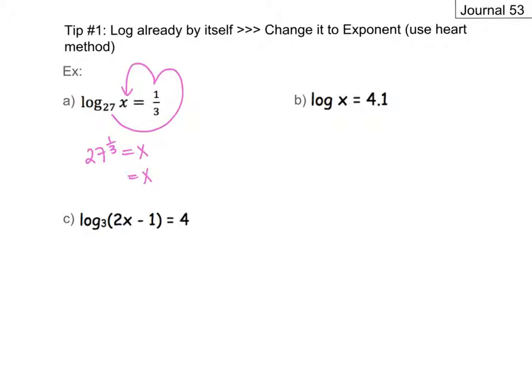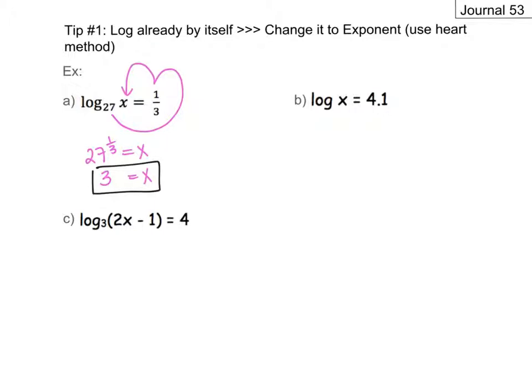Or if you want to do this by hand, this exponent, 1/3, is just saying take the cube root of 27. I find that when I put 27 to the 1/3 in the calculator, I get 3. And so this is my answer. x is equal to 3.